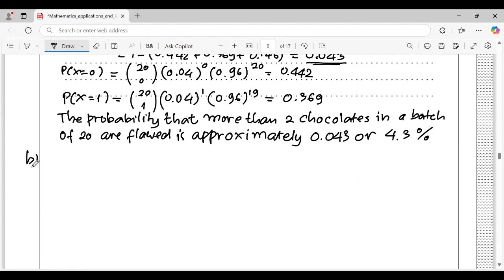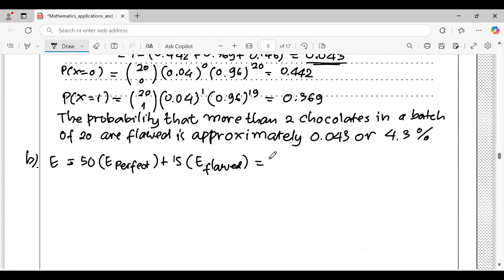Part B. Firstly, we are going to find the expectation: 50 times the expectation of perfect chocolate plus 15 times the expectation of flawed chocolate.